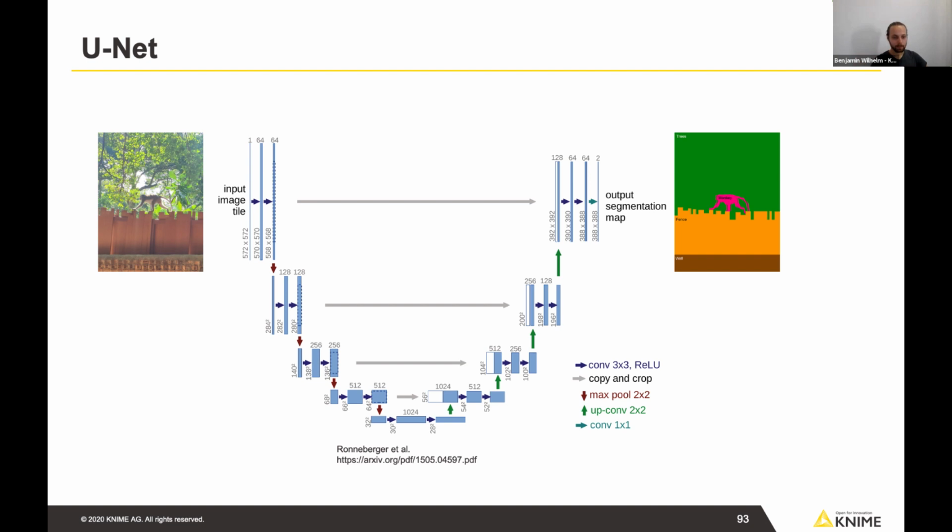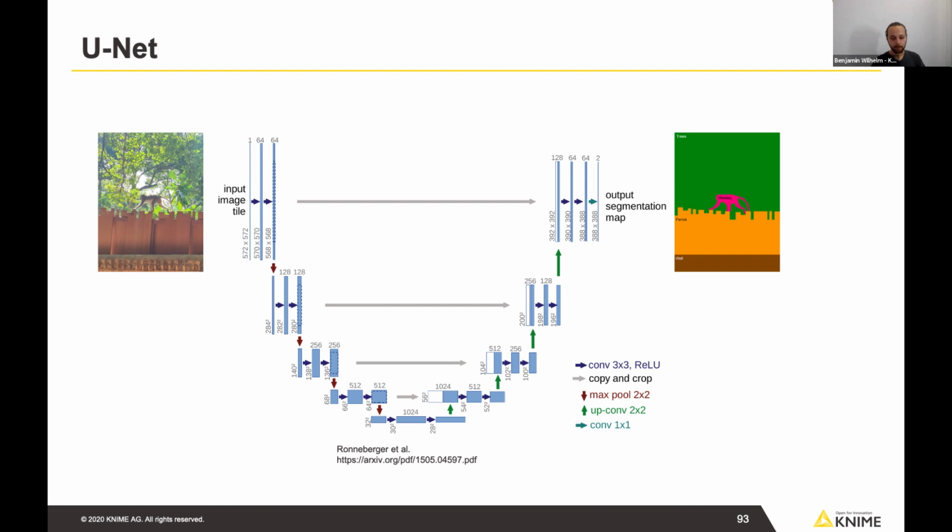And the UNet is, again, an encoder-decoder. So you see the encoding is happening here. So we decrease the resolution and increase the number of features by using convolutions and subsampling.